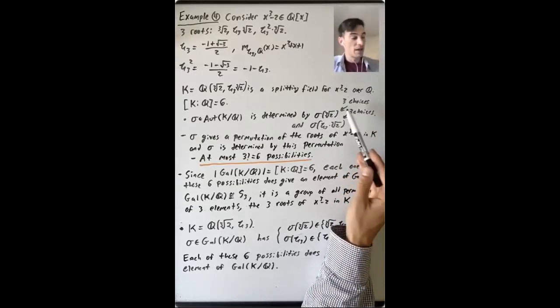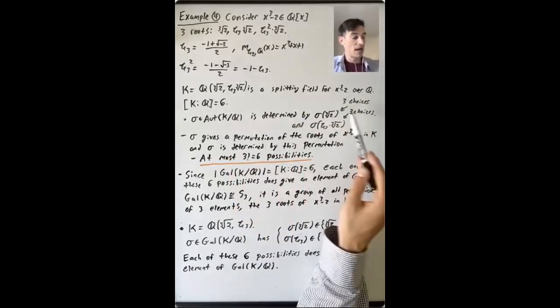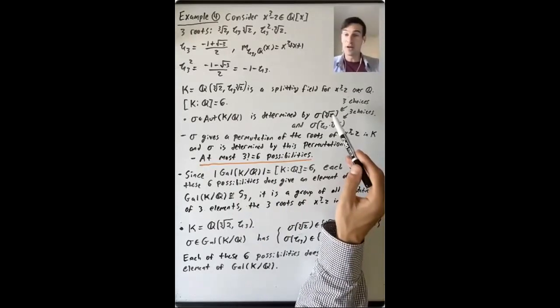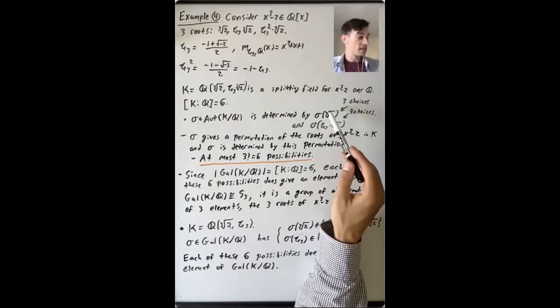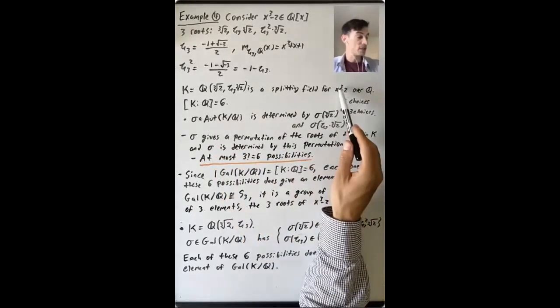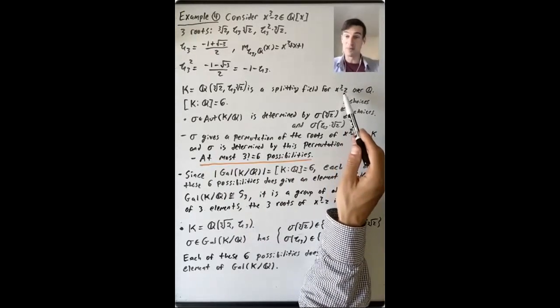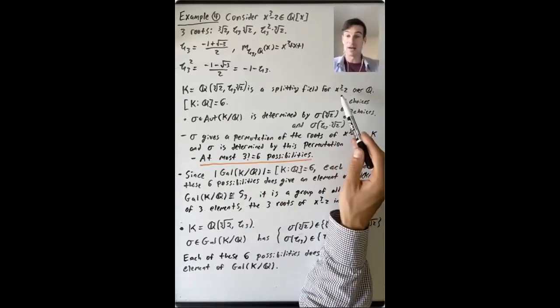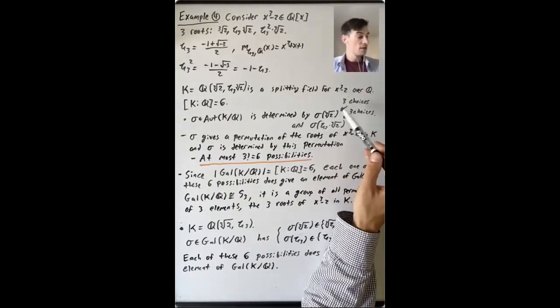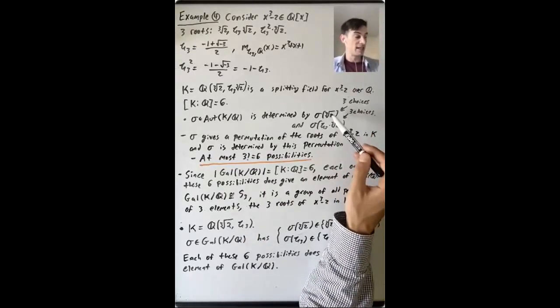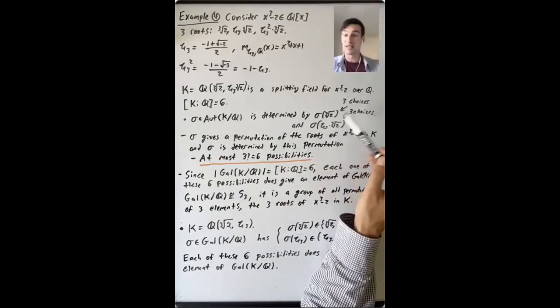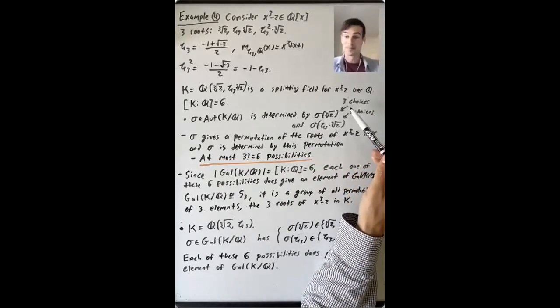So you might think, well, OK, there's at most 9 possibilities for sigma. But using what we've proven already, it's not just that sigma sends roots of x cubed minus 2 to roots of x cubed minus 2. We proved something better, which is that sigma gives a permutation of these roots. So it's not possible for sigma to send each of these two different roots to the same place, for example.